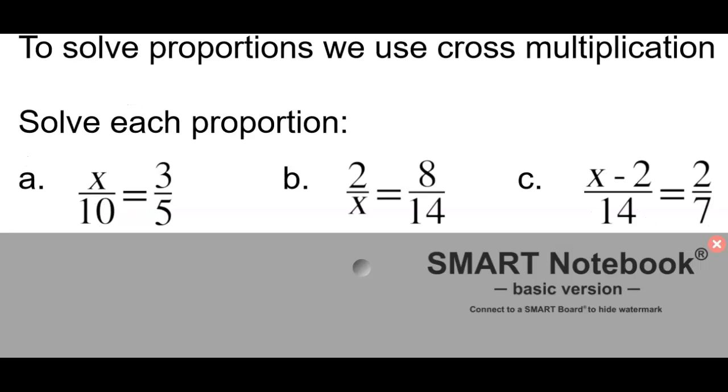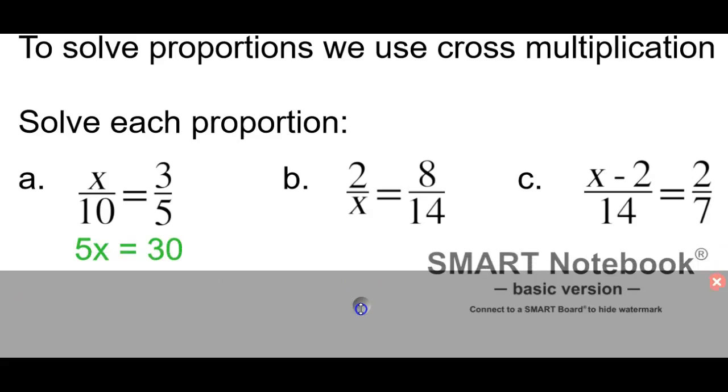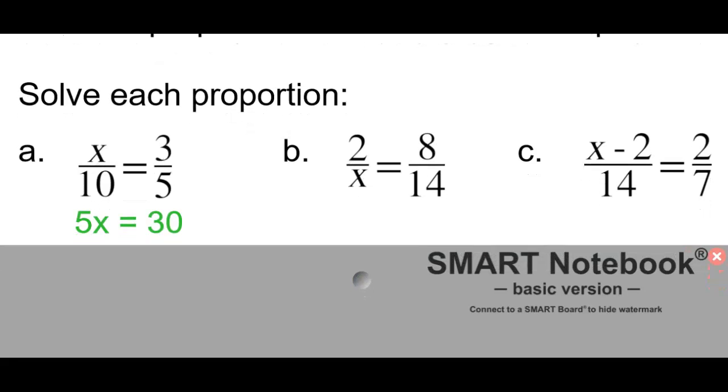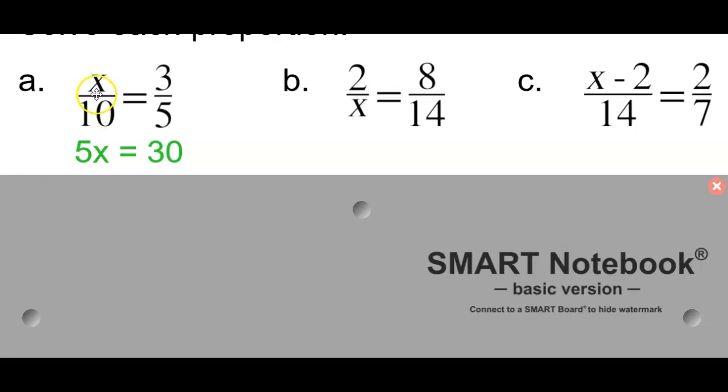So if I do my math, x times 5 is 5x, right? And 10 times 3 is 30. Now, I can't leave this by itself. I've got to solve for x. So, how are 5 and x combined?